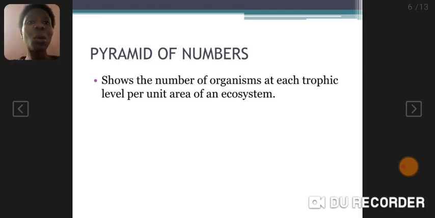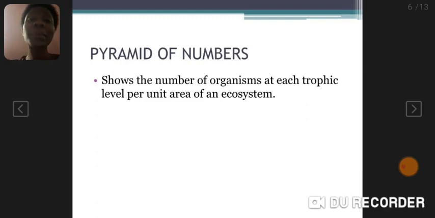So a pyramid of numbers will just show you the number of organisms at each trophic level. For example, what is the number of maize plants in this unit area of land, or what is the number of lizards in this unit area of land, depending on the trophic level you choose to study.